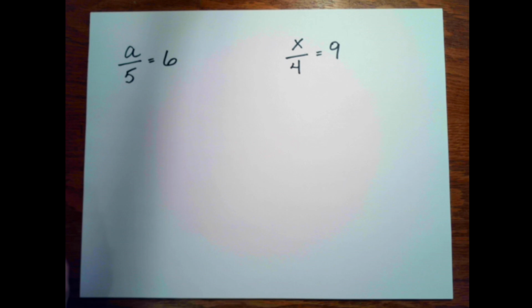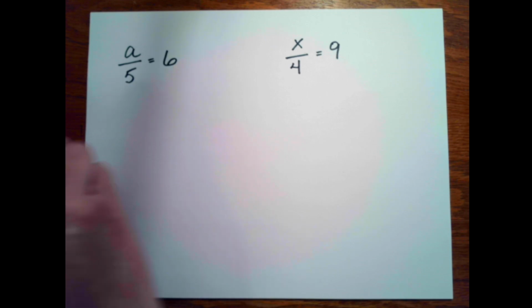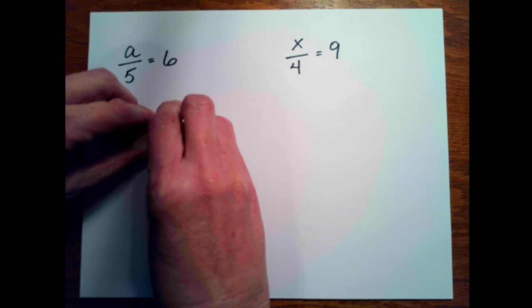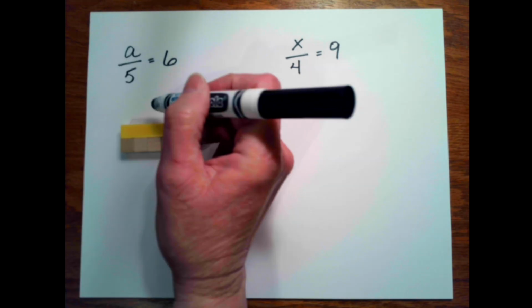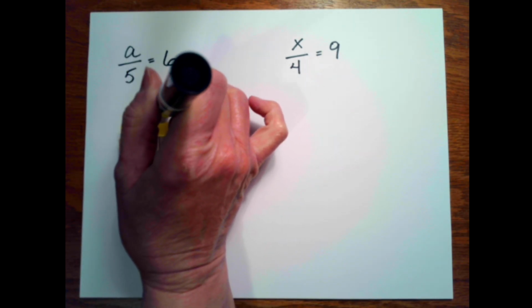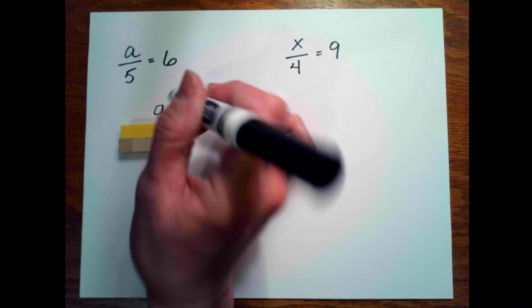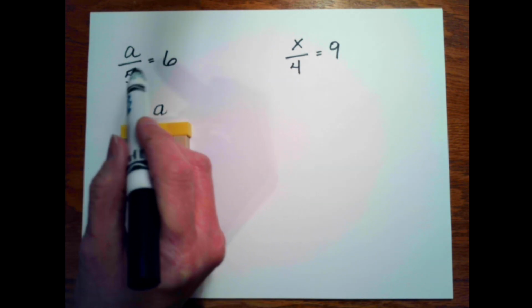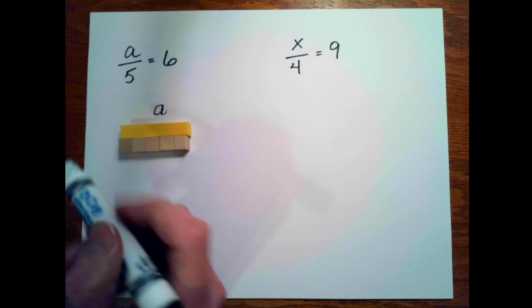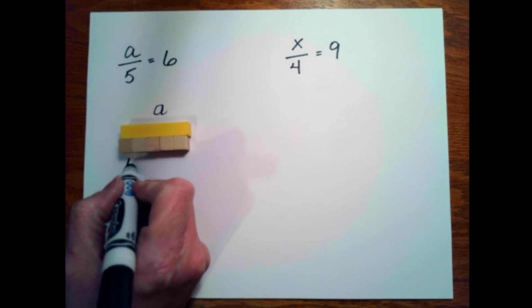So, if we were going to solve this first problem, we could take a block and divide it into 5 equal groups. Now, I don't know the value of this, but I do know that it's A, and I do know that 1/5 of it, or when I divide it into 5 parts, each group is 6.